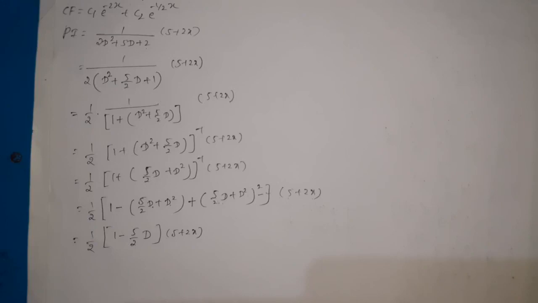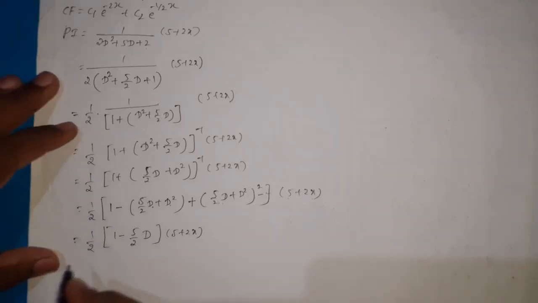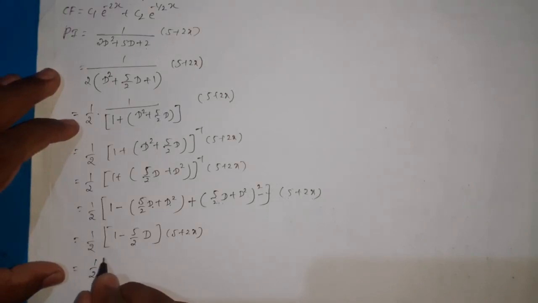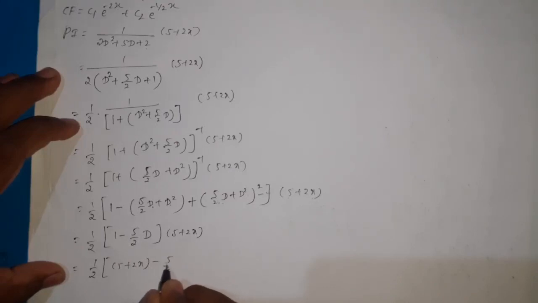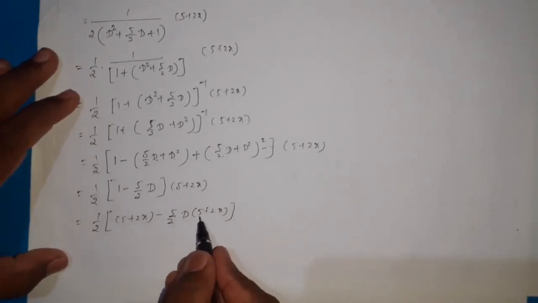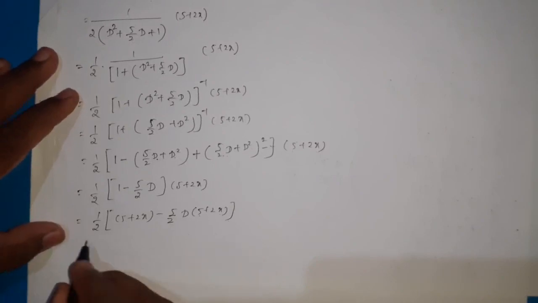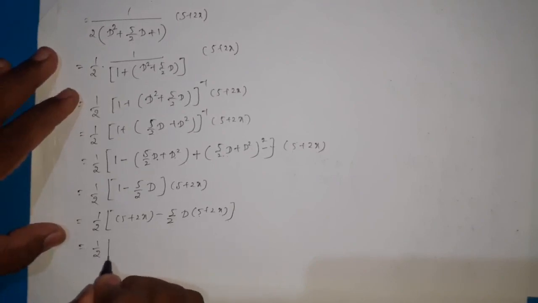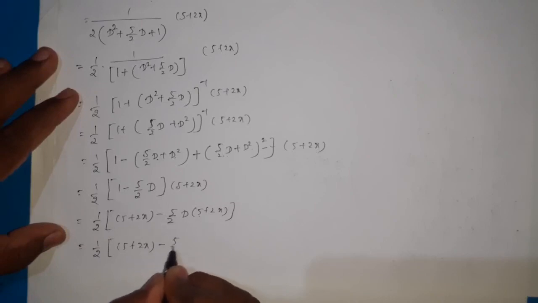So therefore just consider D, then it is 1 by 2 into, now multiply that, 5 plus 2x minus 5 by 2 into the differentiation of 5 plus 2x. So what is the differentiation of 5 plus 2x? The derivative of 5 is 0 and of 2x is 2. So therefore it is 1 by 2, 5 plus 2x minus 5 by 2 into 2.